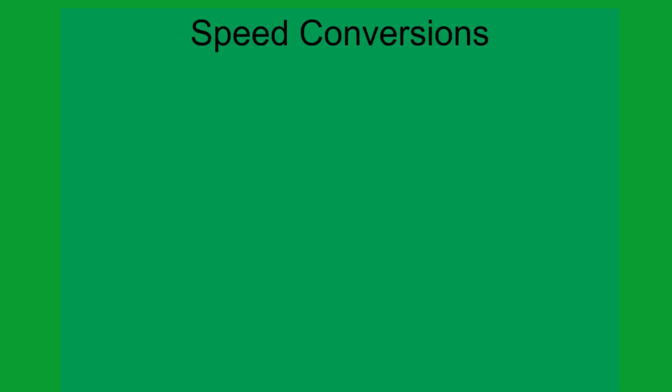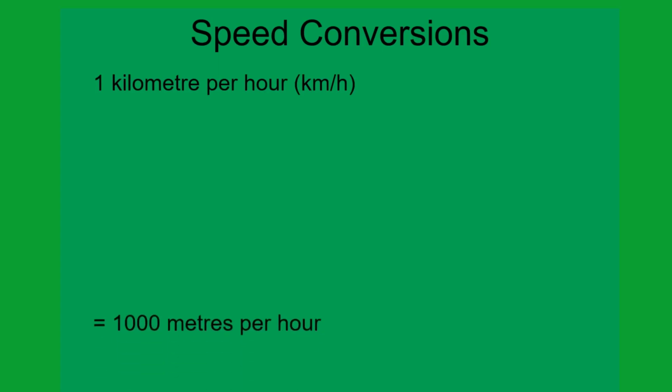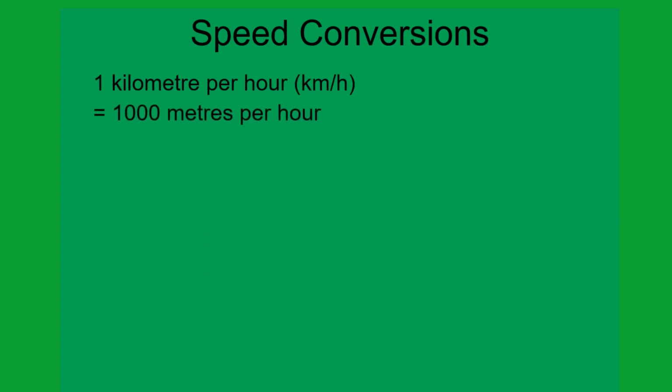Now sometimes you need to convert speed from one unit to another, like 1 kilometer per hour. We know 1 kilometer means 1000 meters. So 1000 meter per hour.